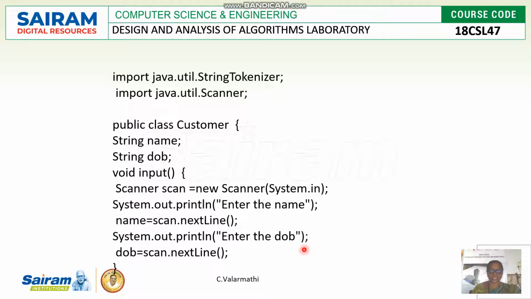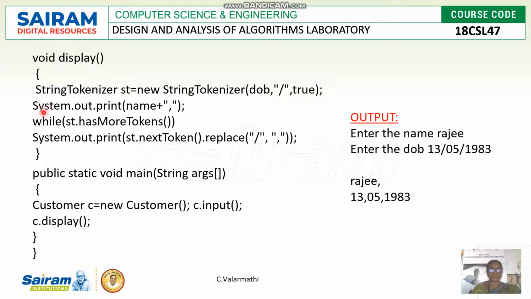Then the second one is the date of birth. The date of birth is given in the format dd/mm/yyyy. That is first obtained from the user. Once the inputs are obtained from the user, we apply the string tokenizer to the DOB variable, mentioning slash as a delimiter with enabled mode, and the string tokenizer object st is created.